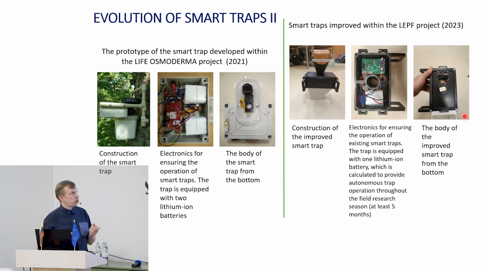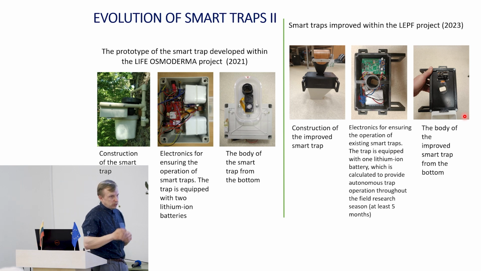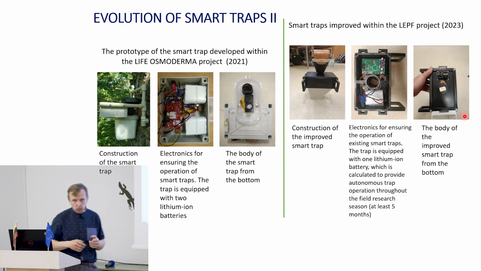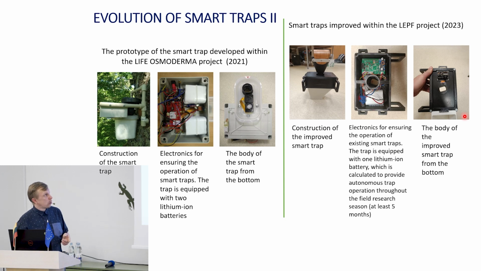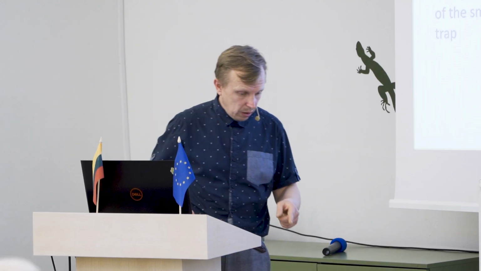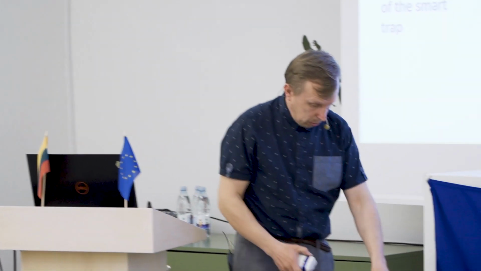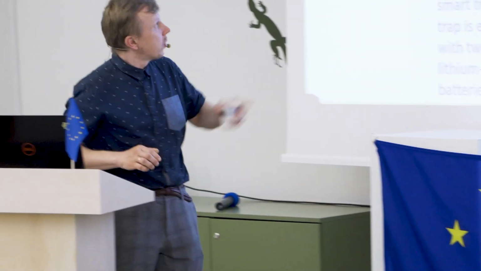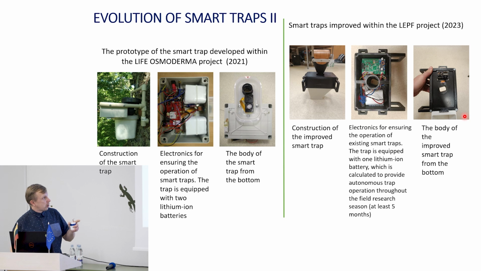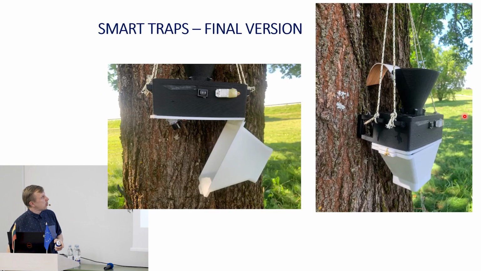This microchip was designed by our specialist and ordered in China. So we have only one lithium battery. Here there were 2 batteries, and this trap can work for 5 months.